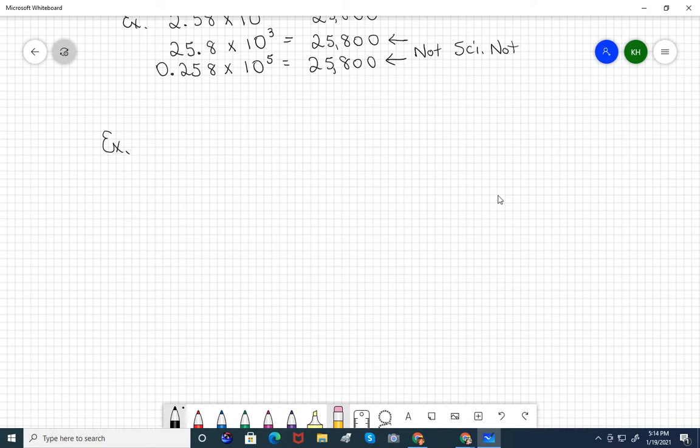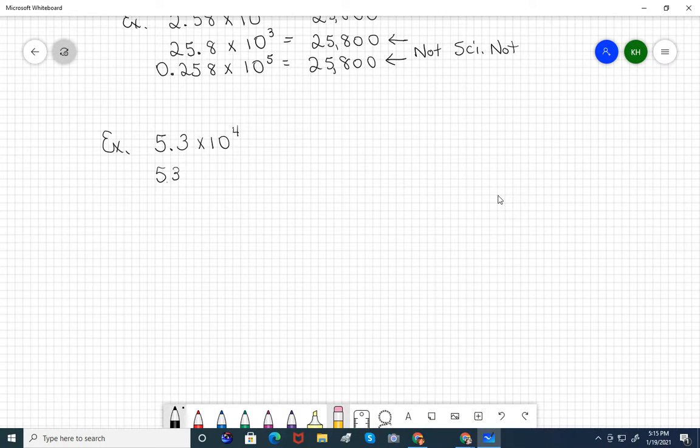If you have a number with a positive exponent, 5.3 times 10 to the fourth. If the exponent is positive, this means you're multiplying by 10 4 times. That means the number is going to get larger each time you multiply. You're going to move the decimal 4 places to the right.